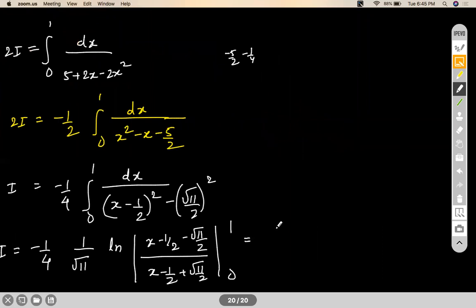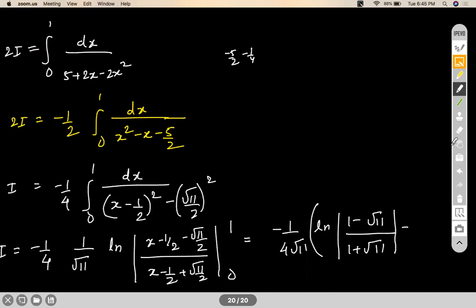So this will give you minus 1/4 root 11 ln mod. Half minus this, that will give you 1 plus root 11, and this will actually become a 0, no? Because it becomes half, 1 minus root 11 by 1 plus root 11. Okay?